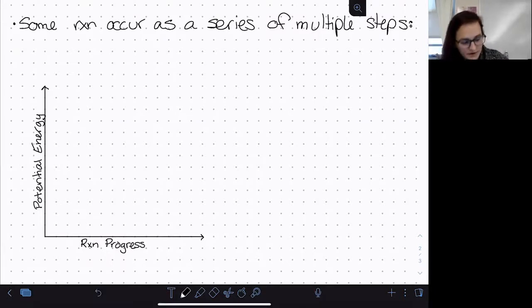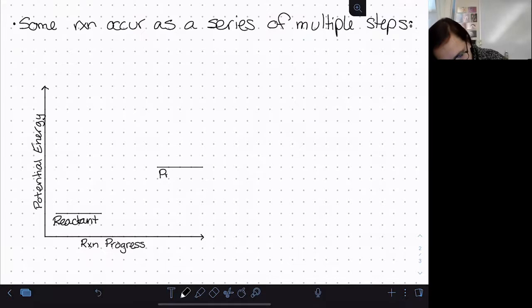When we have a multiple step process, what we'll see is that each step along the way has its own activation barrier.